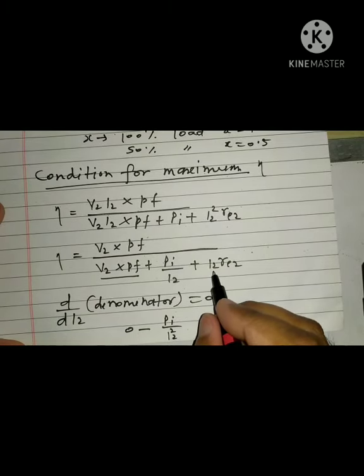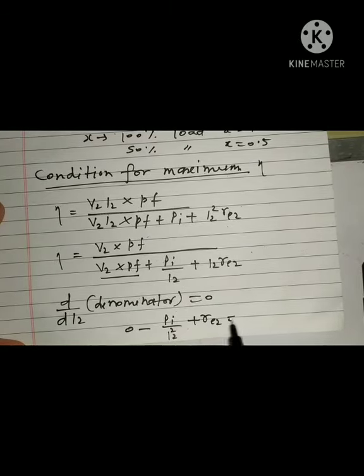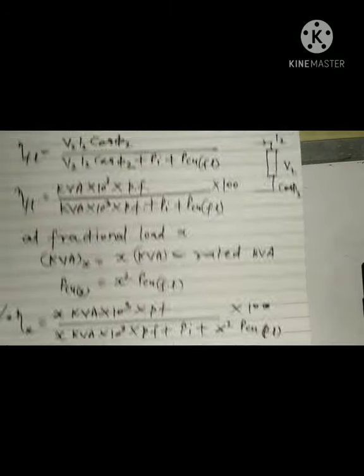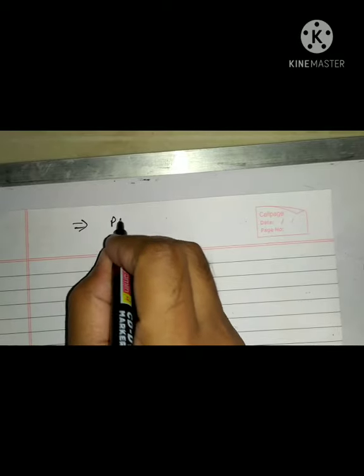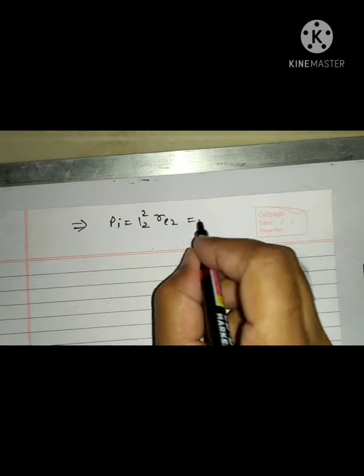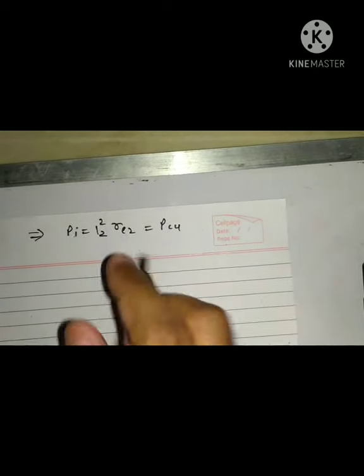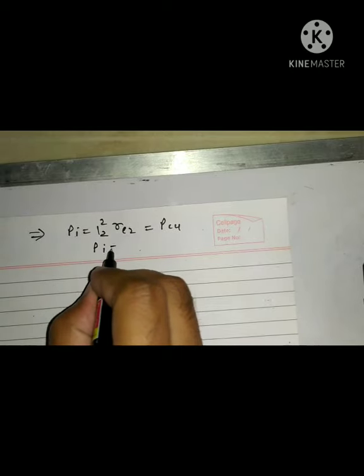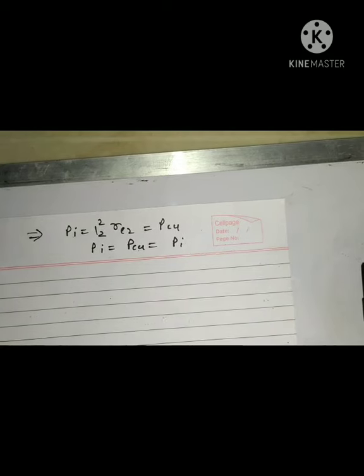Differentiation of this I2 Re2 will be Re2 only, plus Re2 equal to 0, and therefore we can rewrite Pi equal to I2 square Re2. This is nothing but copper loss. So we got condition for maximum efficiency: iron loss equal to copper loss. That will be iron loss only.